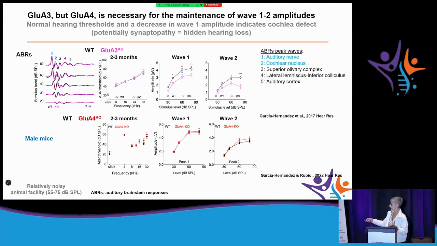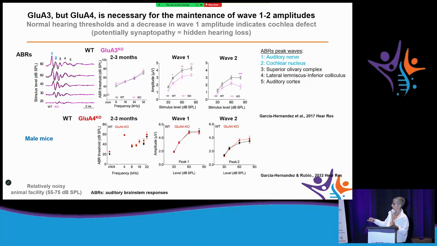But at the same time, by analyzing the amplitude of each wave, we know the firing responses in this particular location. Hidden hearing loss is characterized by normal thresholds and a decrease in wave 1 amplitude. What you see here, in this particular case the male mice, compares the GluA3 with the GluA4 KO.